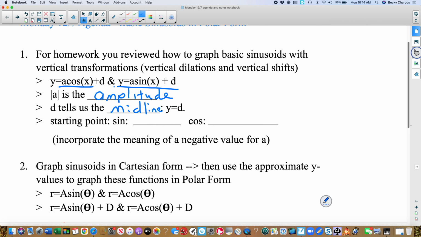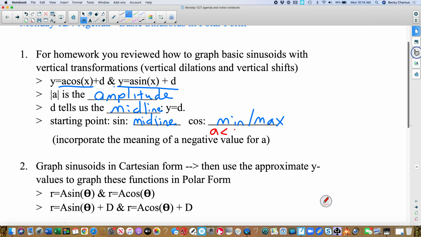If it's a sine graph, where's it going to start? At the midline. And if it's a cosine graph, where will it start? Either the minimum or the maximum. Great. And how do we know if it's a minimum or a maximum? We look at the sign before a.